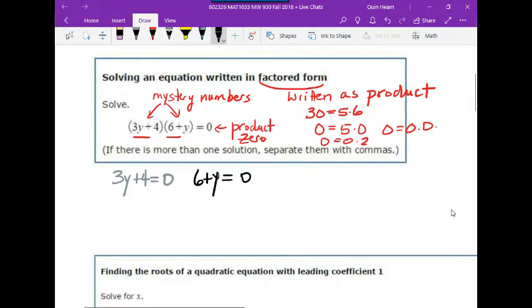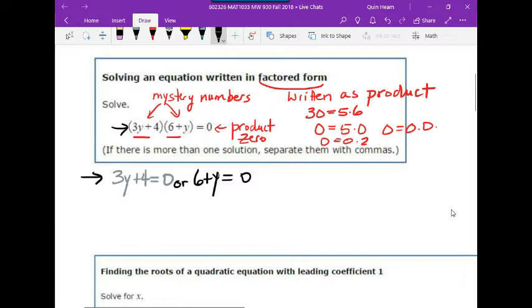One of those two has to be true in order that when we multiply those two mystery numbers together, we get 0. To say that their product is 0 is equivalent to saying that either this one equals 0 or this one equals 0.